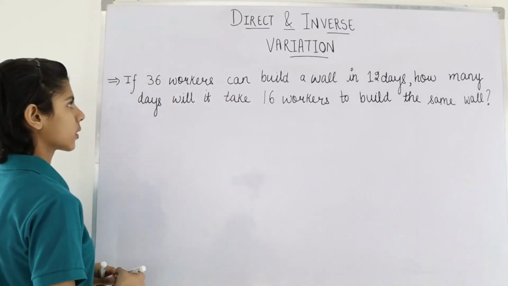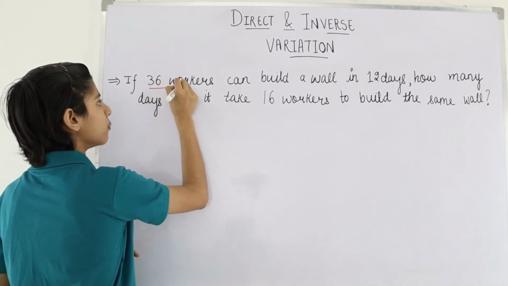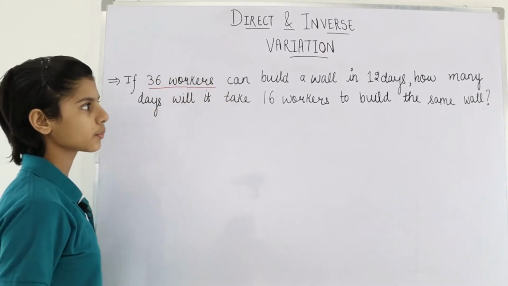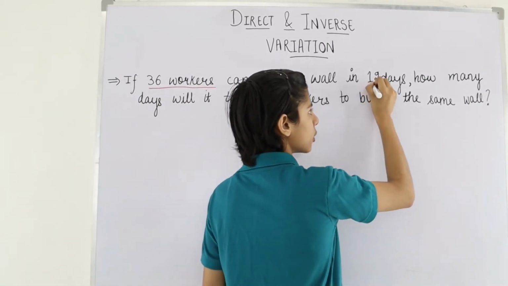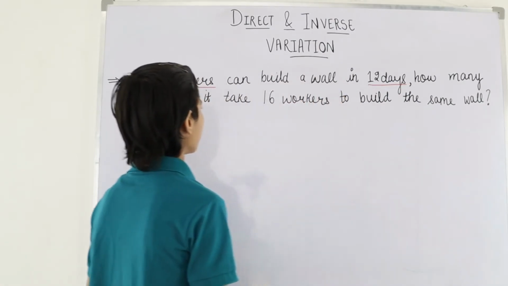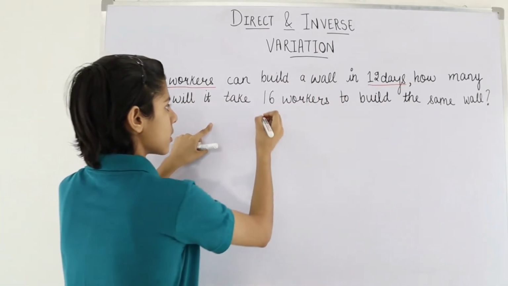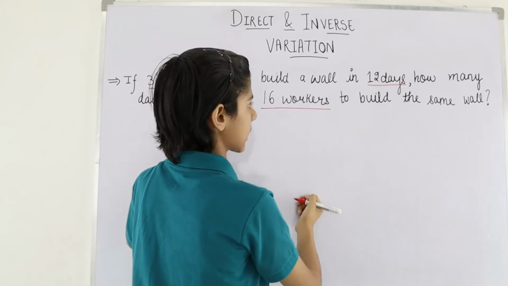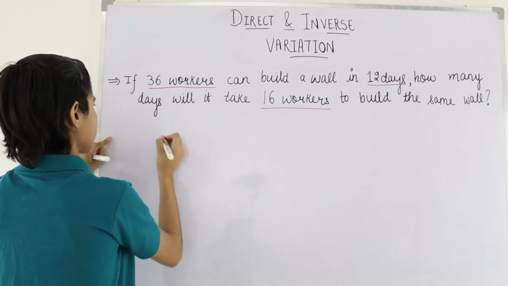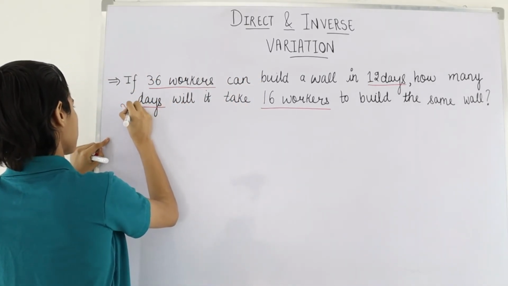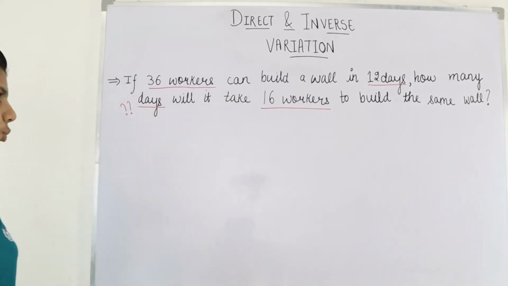So we will highlight the variables here. 36 workers, days taken by them 12 days. Now how many days will it take 16 workers? What they are asking is the number of days. So in place of days we will write a question mark.